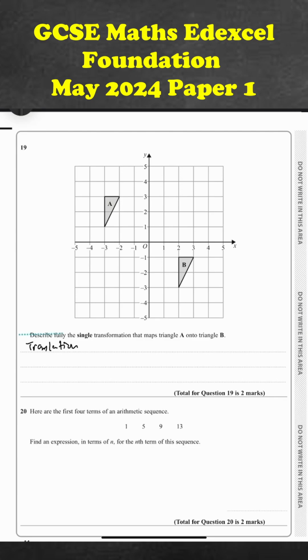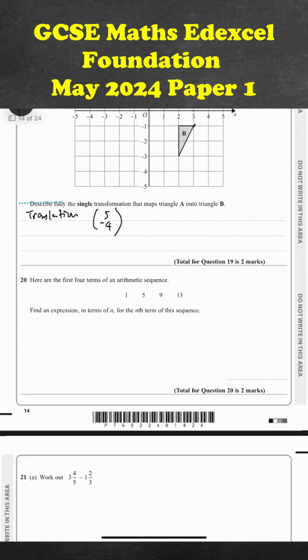So we need to find out what vector we're moving it with. If we look at this top right point here, and where it goes to here, we go 1, 2, 3, 4, 5 across, and 1, 2, 3, 4 down. So we can just say it's a translation 5 minus 4, and that's all we need for that.